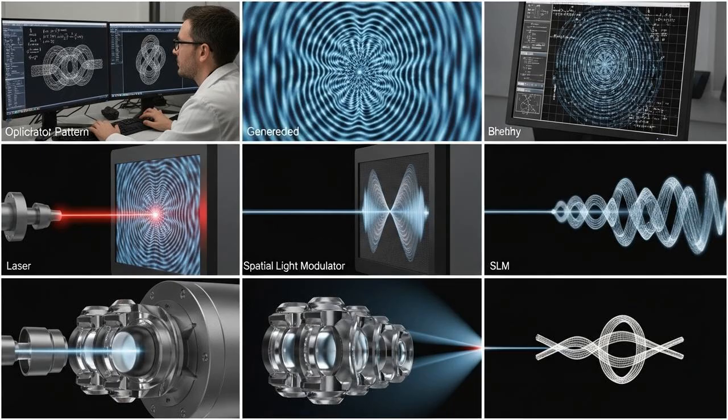Creating an optical knot today is like digital weaving. The heart of the operation is a device called a spatial light modulator, or SLM. It's essentially a high-resolution computer screen for light. Scientists first design the exact knot they want on a computer. Then they calculate a special pattern, a hologram, that needs to be displayed on the SLM.